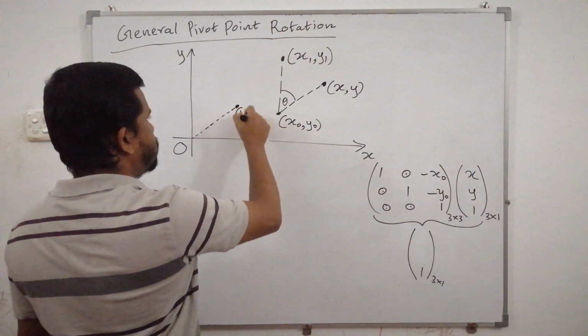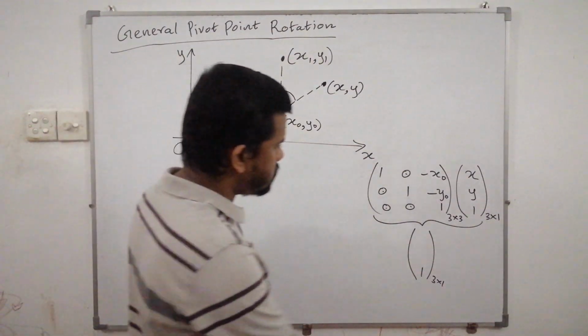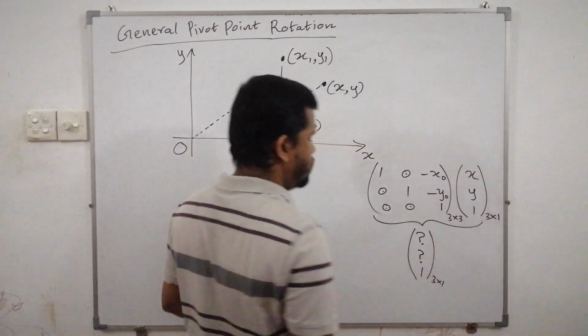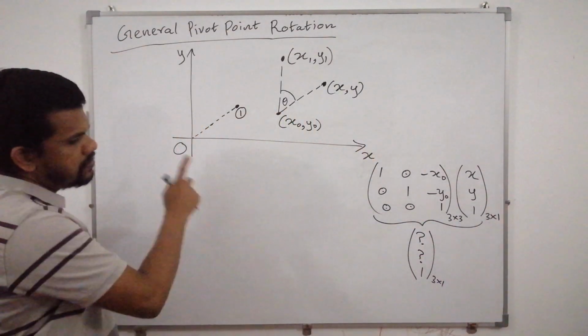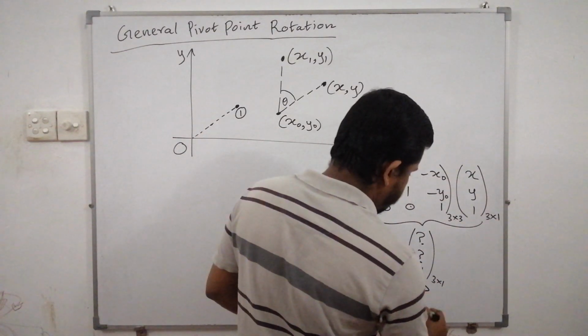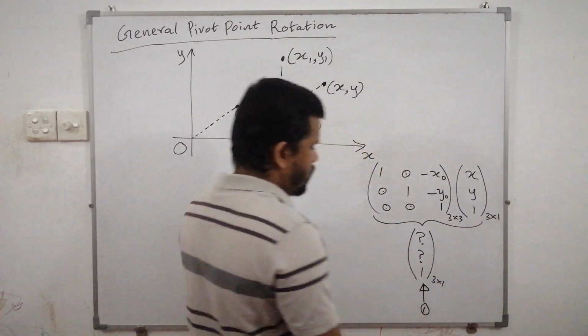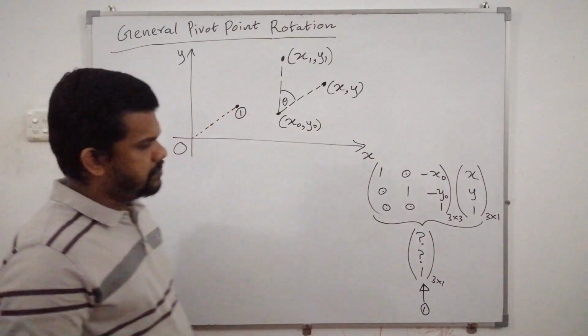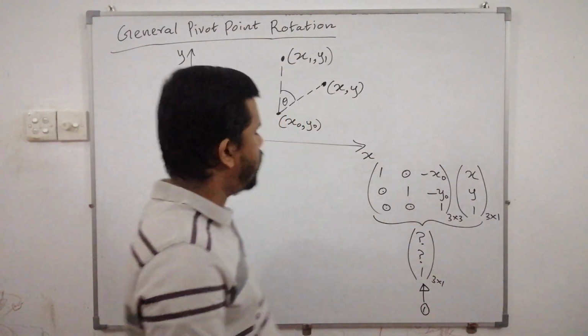Let's say it is our position 1. Its coordinates we can compute. So this is the matrix that represents this point.